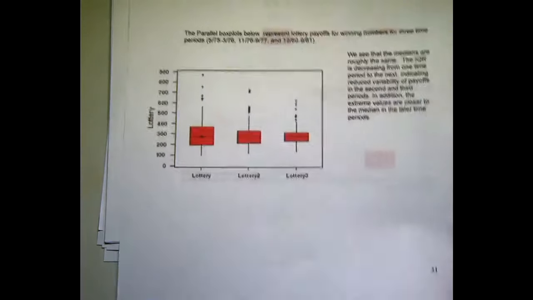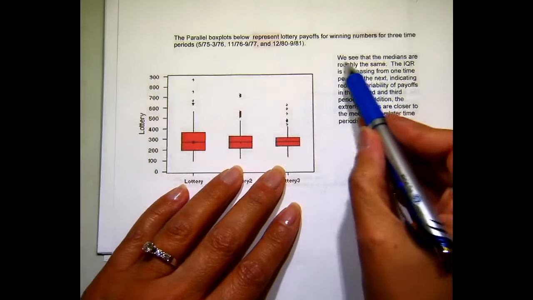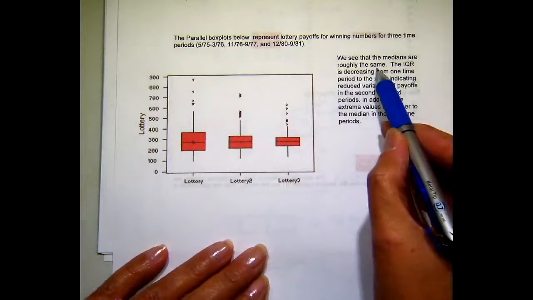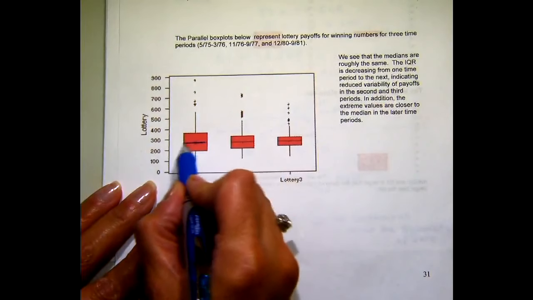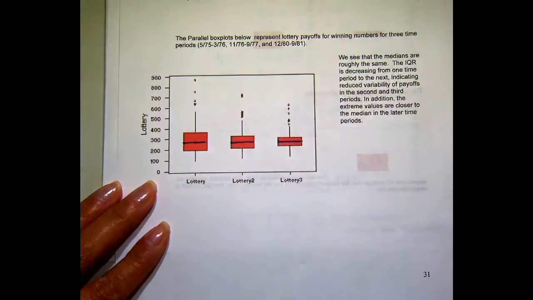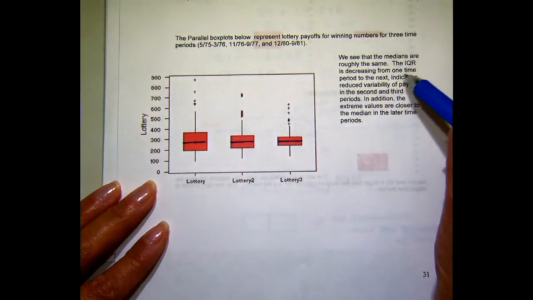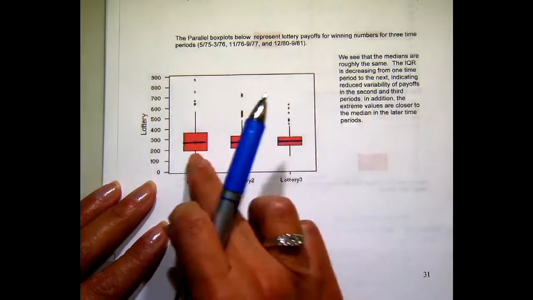So here I have 3 parallel box plots. It says, we see that the medians are roughly the same. So here's the median, same median on all 3. The IQR, the interquartile range, is decreasing from one time period to the next.